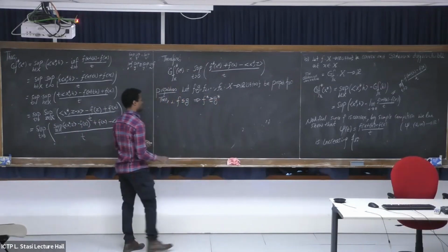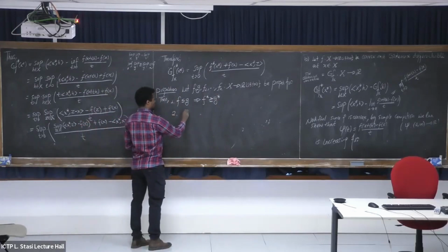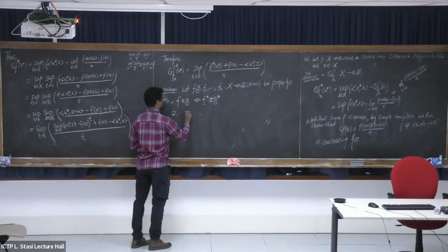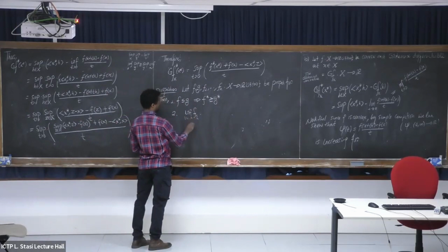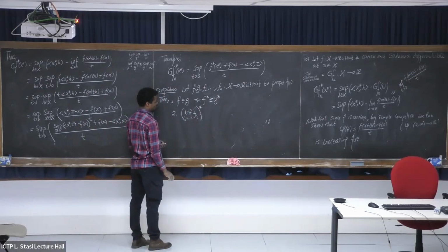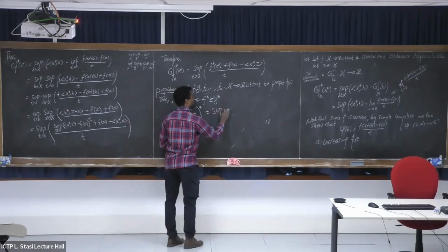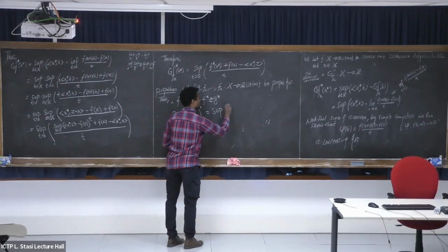With the definition. So the infimum of Fi, i runs from 1 to n. The Fenchel conjugate of this one is equal to the supremum of the Fenchel conjugates of each function.